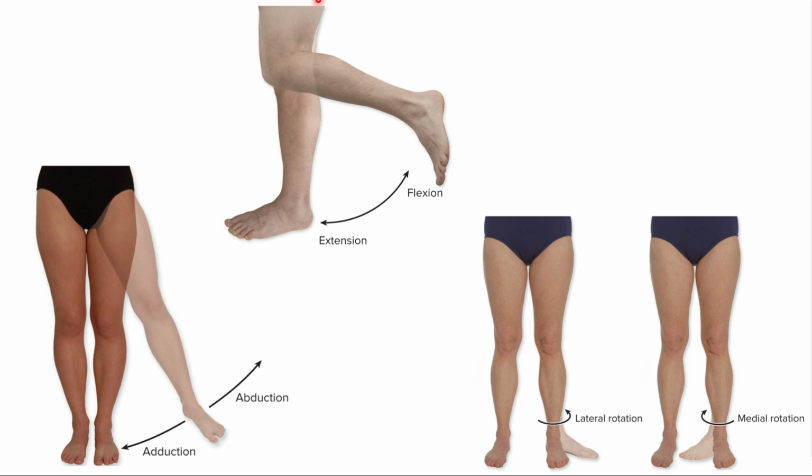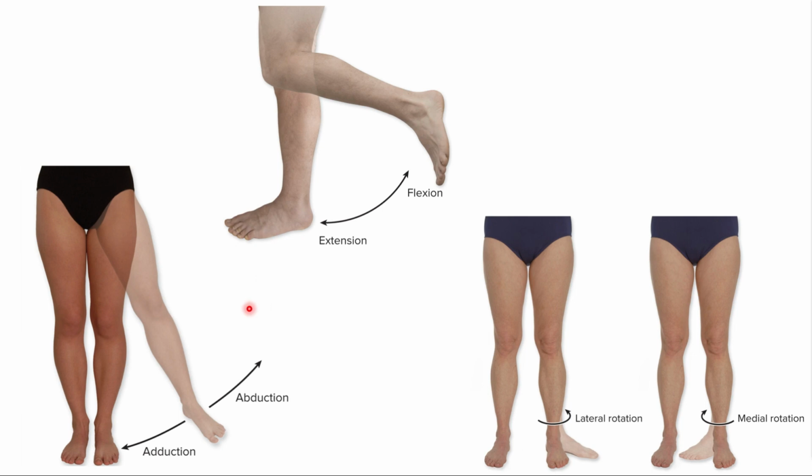So for example, when that leg is straight at the knee, there is 180 degrees between the thigh and the lower leg, but when that knee then flexes, you can see how the angle between the thigh and the leg is going to decrease. Extension is then the exact opposite. It results in an increase in the angle between the two body parts.